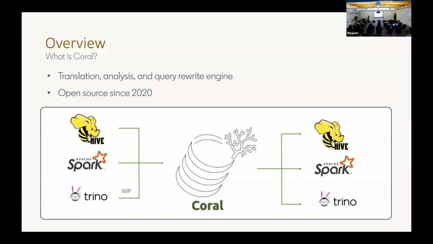It can also help with query rewrite and analysis, especially to support emerging use cases around data governance. If we want to obfuscate certain data from being projected to the end user, we can write some transformation rules at the query plan level to hold back certain information. Coral has been open source since 2020, and let's see how it enables all these features.